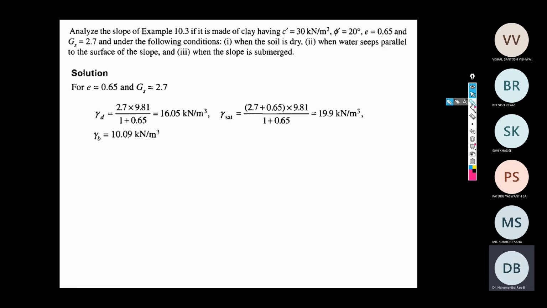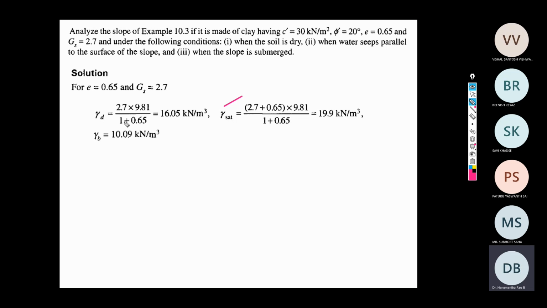On the other hand, suppose the slope is in a saturated condition or seepage condition. Let us talk about the seepage condition. When the seepage is parallel to the surface, that typically prevails the saturated condition, but not the submerged condition. Therefore, gamma sat is equal to (G plus e) gamma w by 1 plus e. I don't need to recall these equations, everyone is very well aware of them.